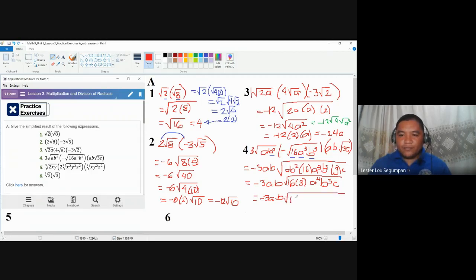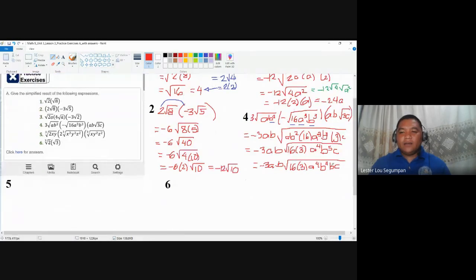Square root of 16 times 3 times a to the power of 4. b to the power of 5 can be b to the power of 4 and then b, and times c. Right? Because b to the power of 4 times b is just b to the power of 5. Why do we need b to the power of 4? Because this is a perfect square. So you have here negative 3ab.